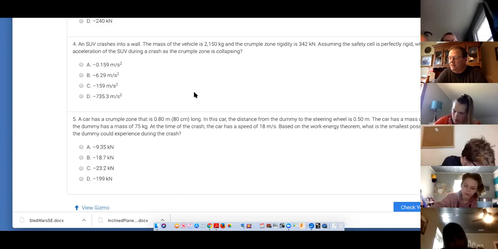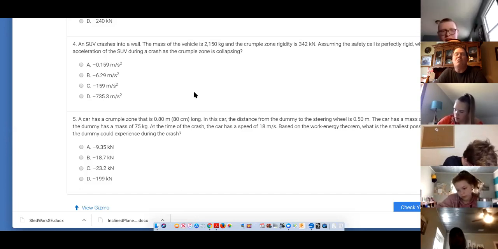Think about this. We know force still equals mass times acceleration, right?